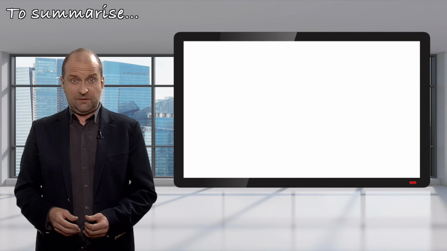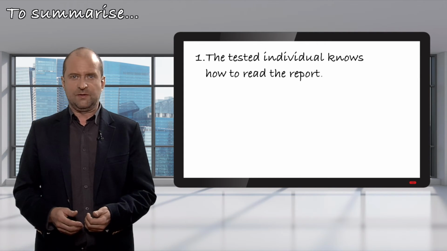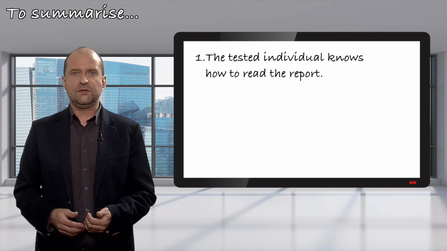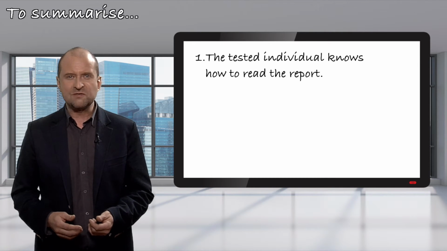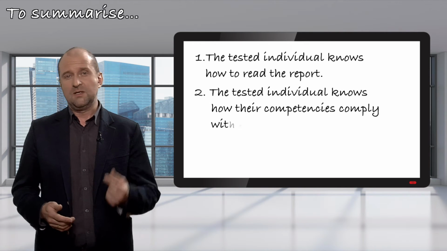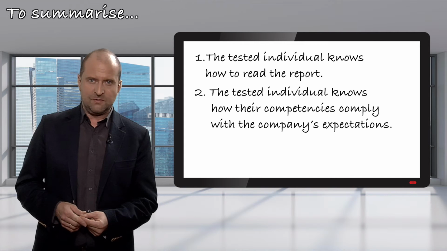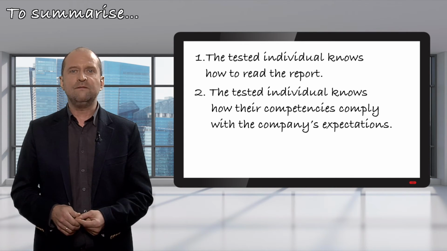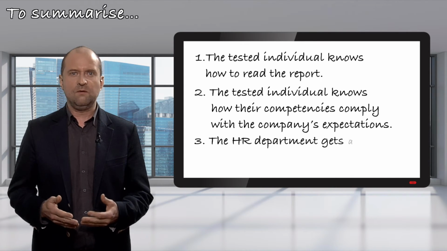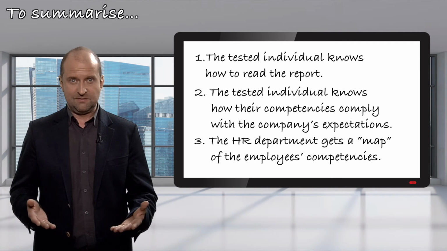Time for a summary. Firstly, the tested individuals can read the report and know what behaviors the organization expects from them. Secondly, the tested individuals know how the level of their competencies complies with the organization's expectations.